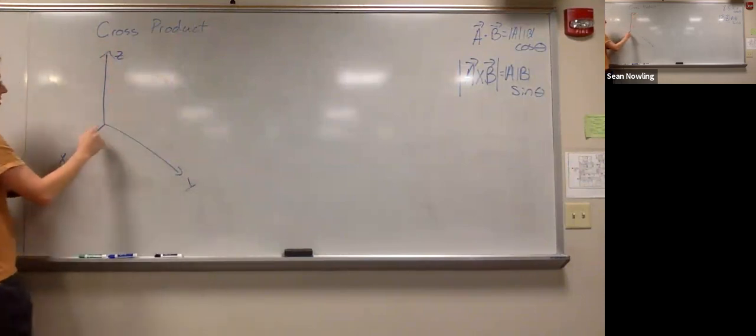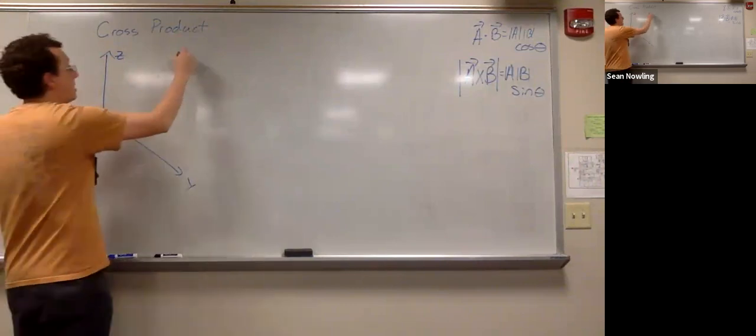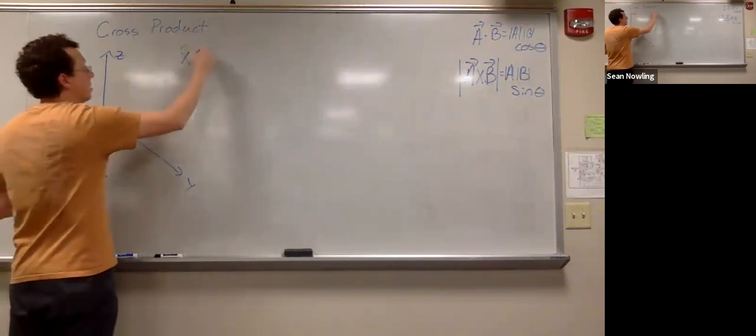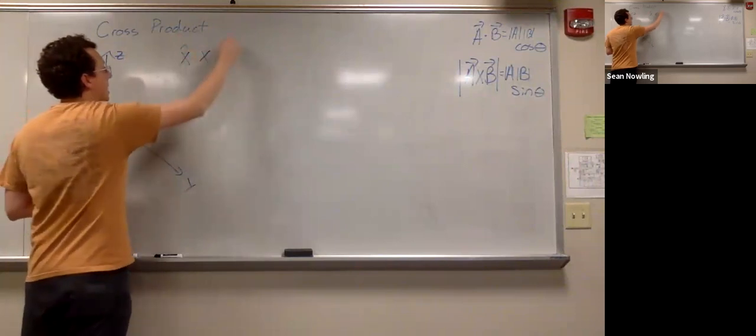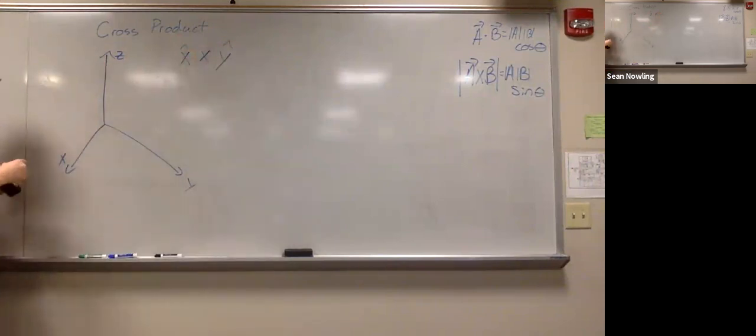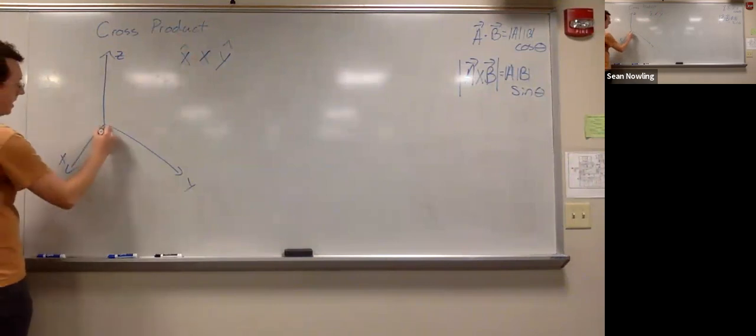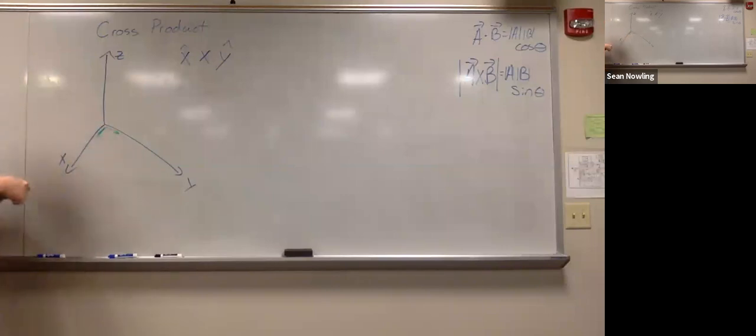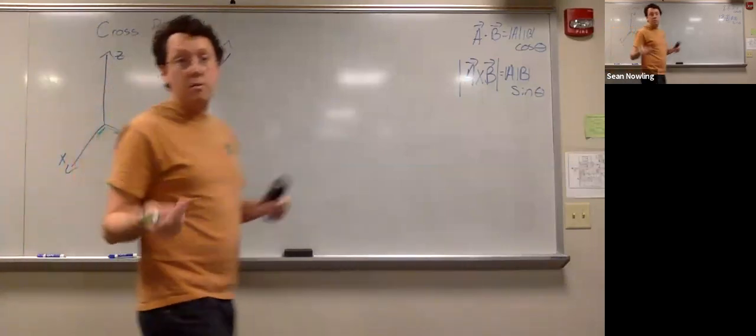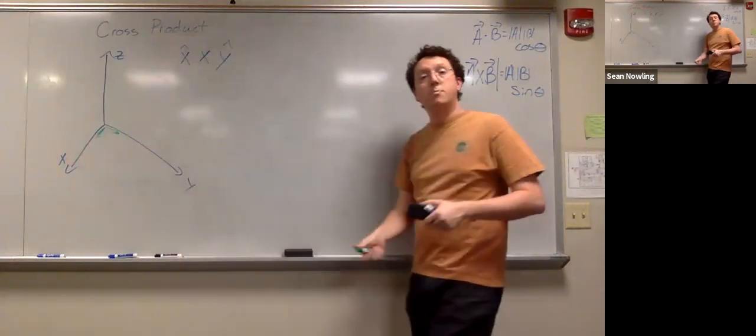Okay, so if I want to do the cross product x hat cross y hat, let's picture that. They're perpendicular, so their dot product is 0. Good. Their cross product is not 0.